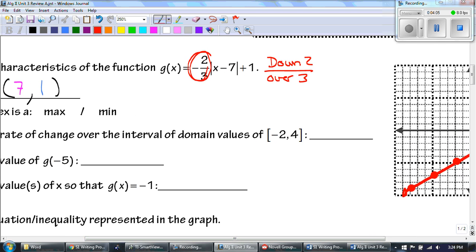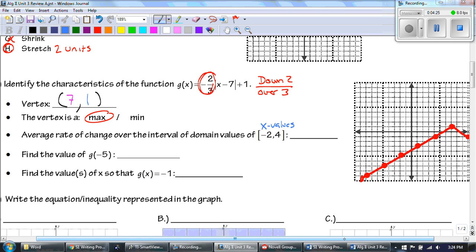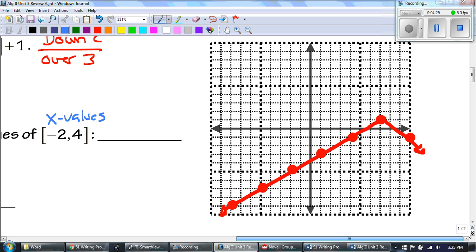Is the vertex a max or a min? Well, look at the top. I can see the top, so that means it's a max. So the average rate of change between the domain, remember, these are our x values. Let's zoom in real quick.